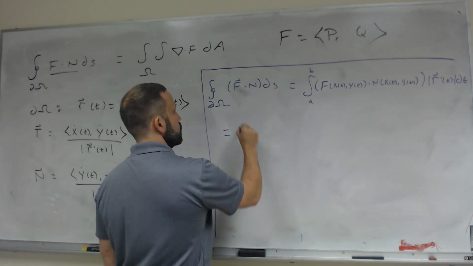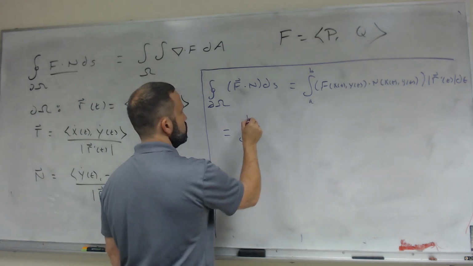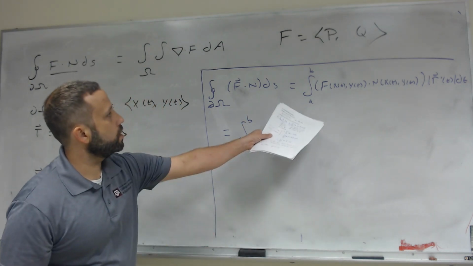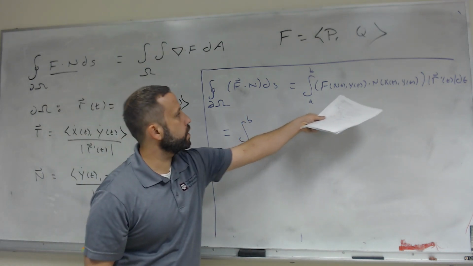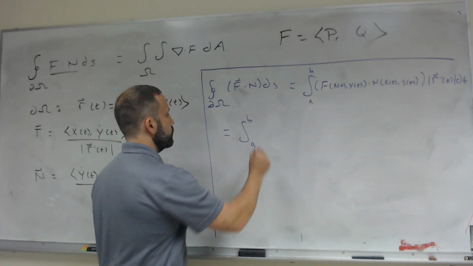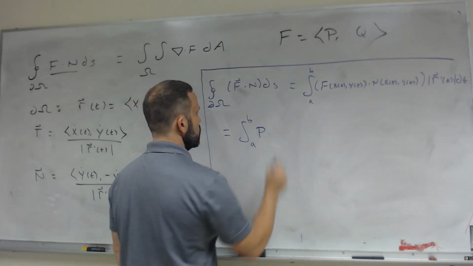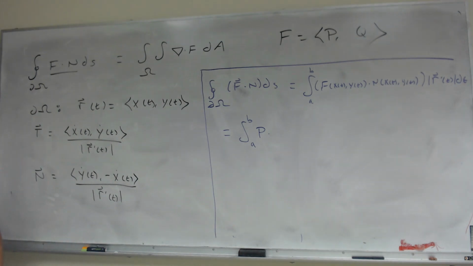So how does this work out? We're going to have a to b. I'm doing a dot product here. The x component of f is p. I'm just going to write this as p without the argument. Now I'm dotting it with the x component of n. So the x component of n is y dot over the magnitude.